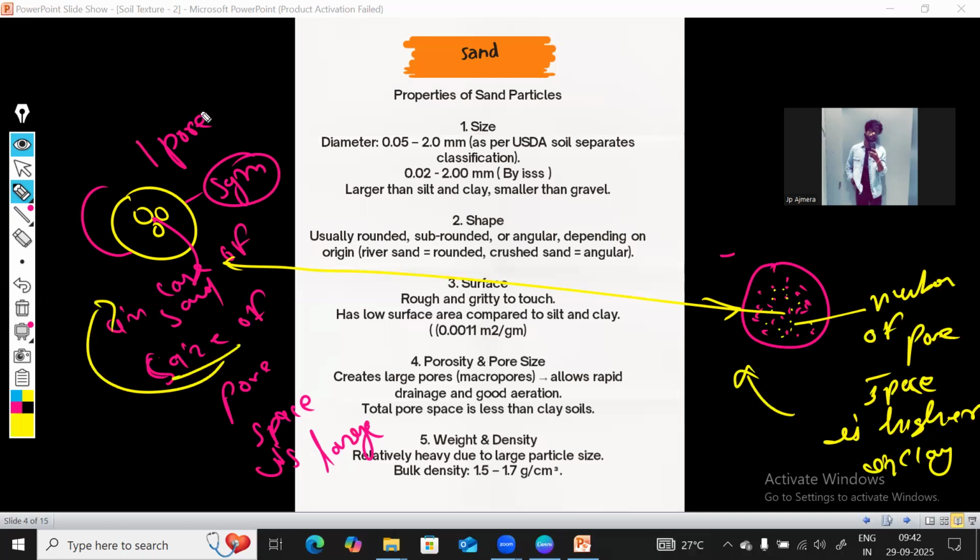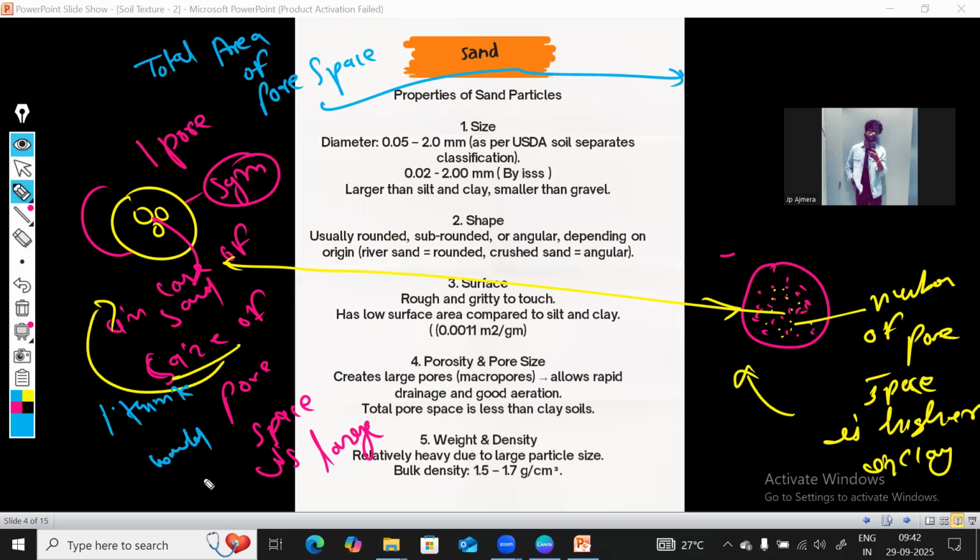If we calculate the total pore space, which one holds the maximum area of pore space? Take a pause and think about it. I think your answer would be sand, but it is not.